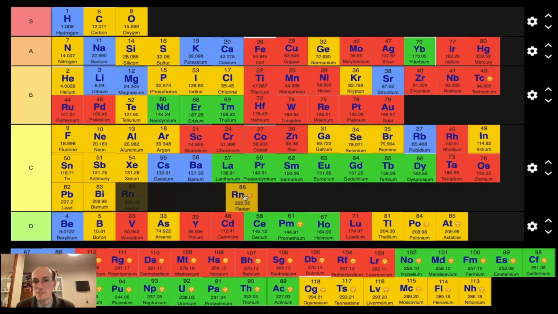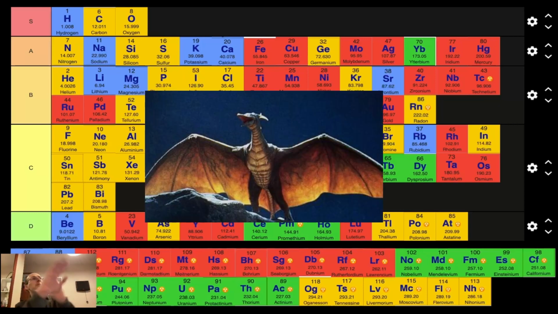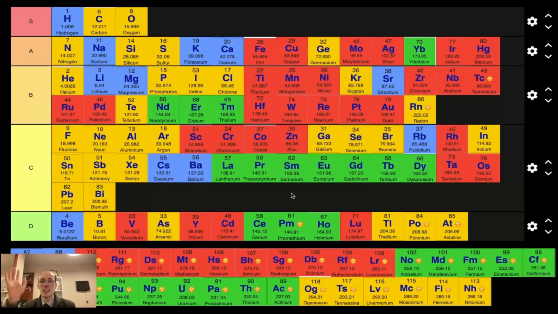Are the two related? A social study might need to be done. But the biggest reason that I'm going to put radon in group B is that on the Wikipedia page for radon, it says not to be confused with Rodan, the Godzilla creature. I like Godzilla. I like Rodan. Radon, you're getting bonus points for having a name that's similar to a fictional creature. Well done to you.